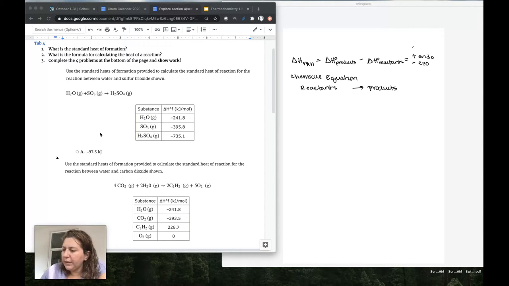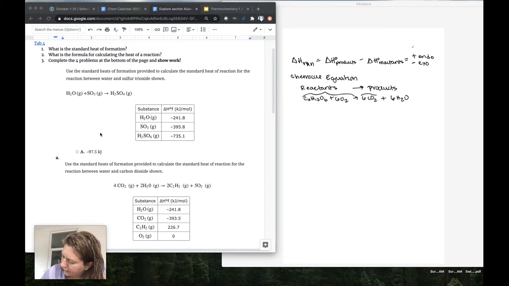For example, if I give you the equation C6H12O6 plus 6O2 yields 6CO2 plus 6H2O, then this first section is going to be your reactants.